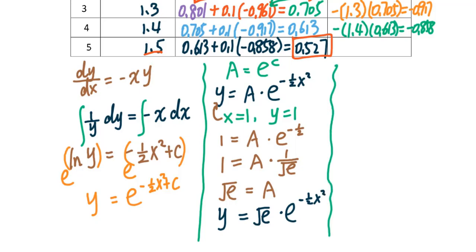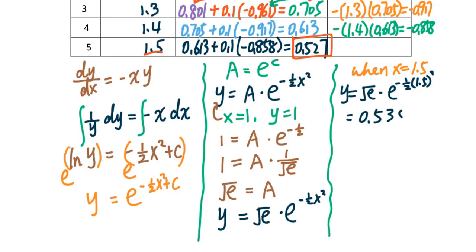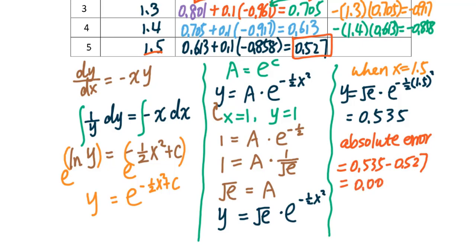Since we're looking for x equals 1.5, we get y equals square root of e times e to the negative 1/2 times 1.5 squared. You put it into a graphing calculator, you will get 0.535. The absolute error will be 0.535 minus 0.527. That's equal to 0.008.